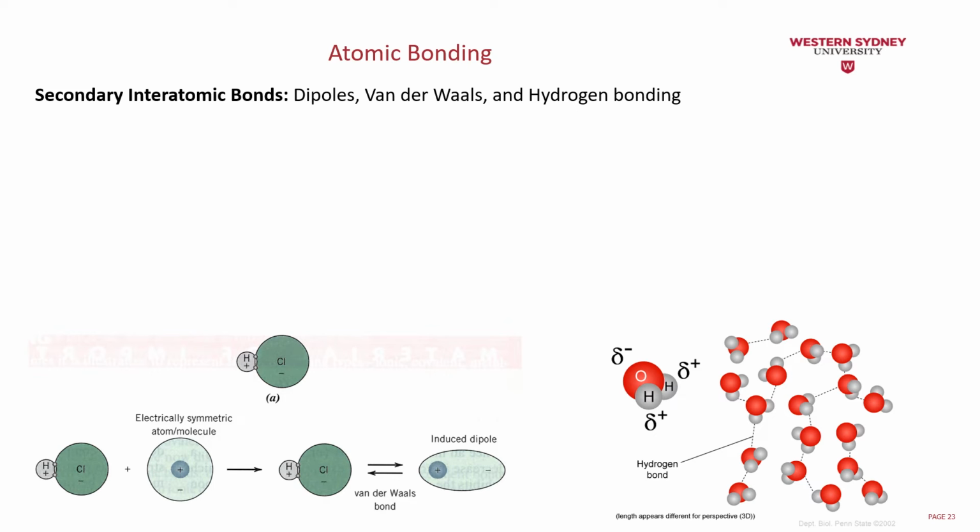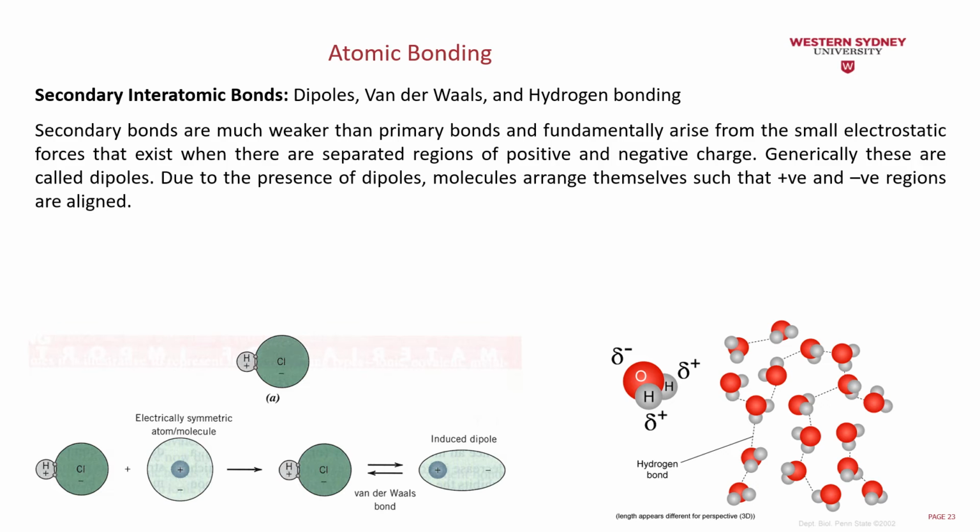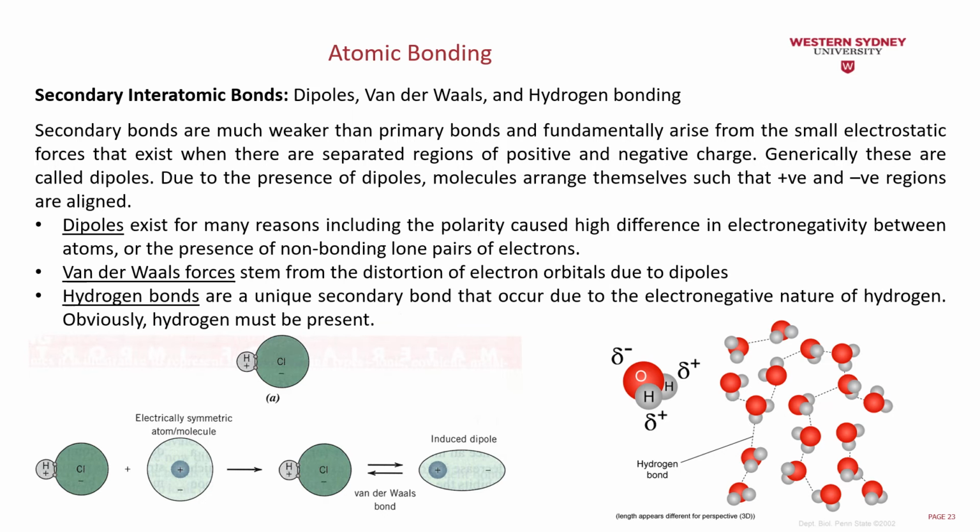Now we're coming to the secondary interatomic bonds, like the dipoles, the van der Waals, and hydrogen bonding. The secondary bonds are much weaker than the primary bonds and fundamentally arise from the small electrostatic forces that exist when there are separated regions of positive and negative charge. Generally, these are called dipoles. Due to the presence of dipoles, the molecules arrange themselves such that the positive and negative regions are aligned.